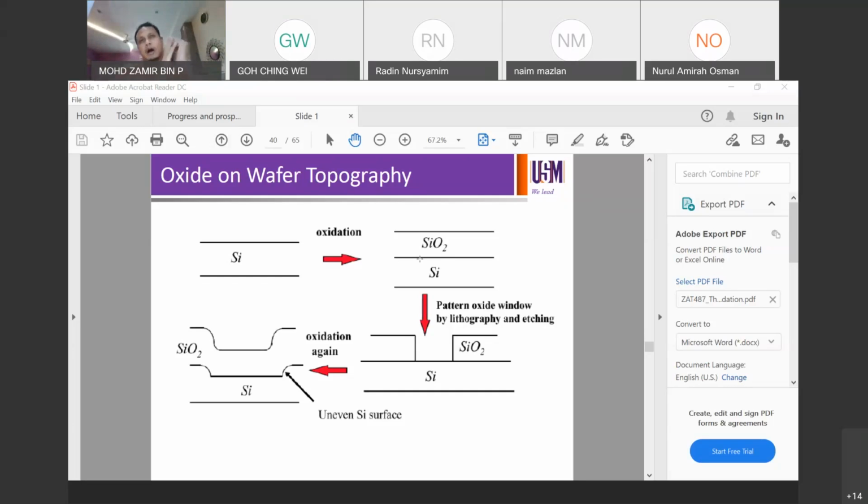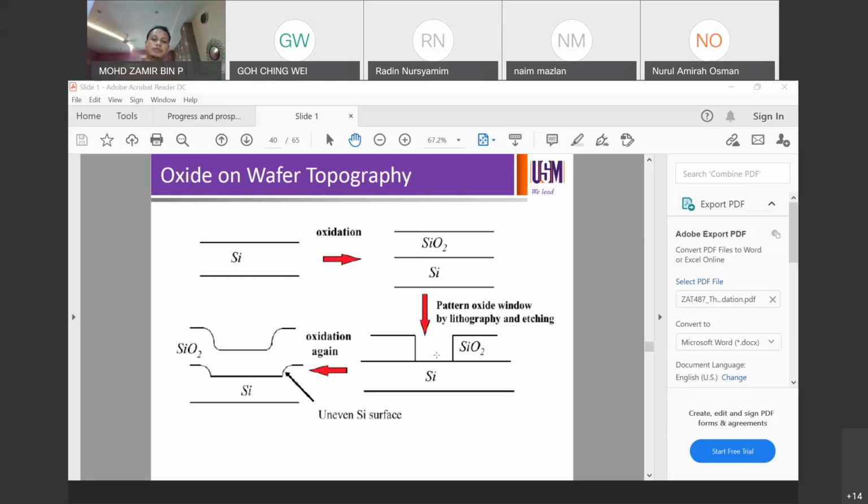So then how does the growth of silicon dioxide look like on a patterned wafer? When you do the patterning, you want to keep some of your SiO2 on the surface, and you want to also remove some at the same time.